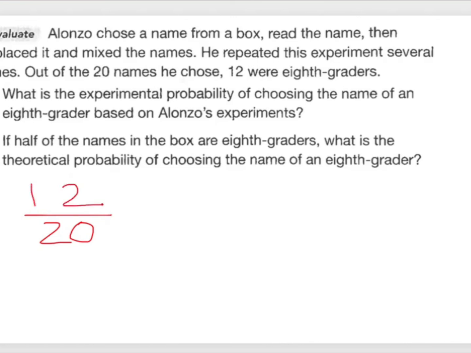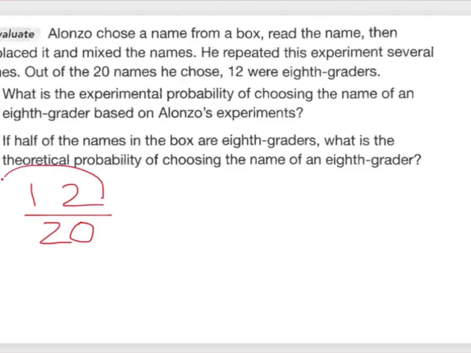Okay, so does he have an equal chance every time of choosing the names? And he does. Okay, so because he chose 12 that were 8th graders, we can assume that about 12 out of 20 of them were 8th graders. This is what is the experimental probability of choosing the name of an 8th grader.